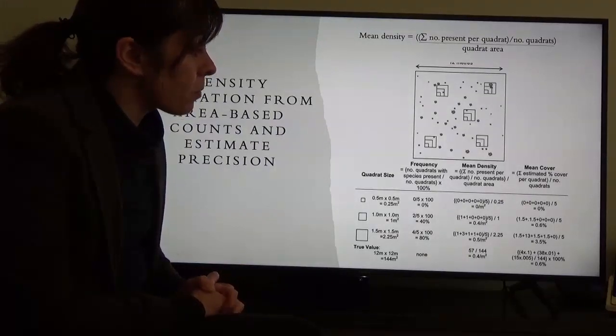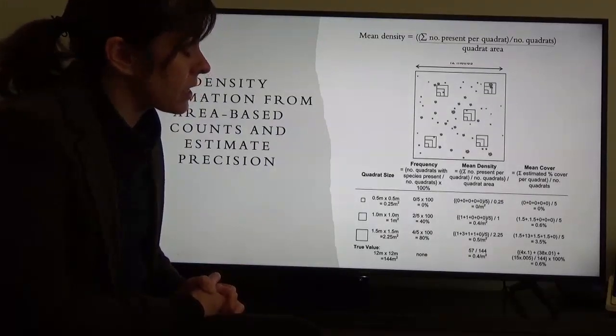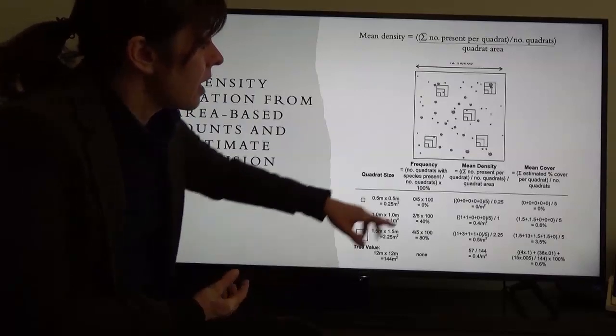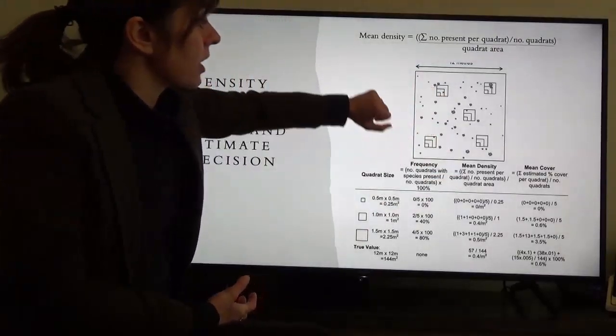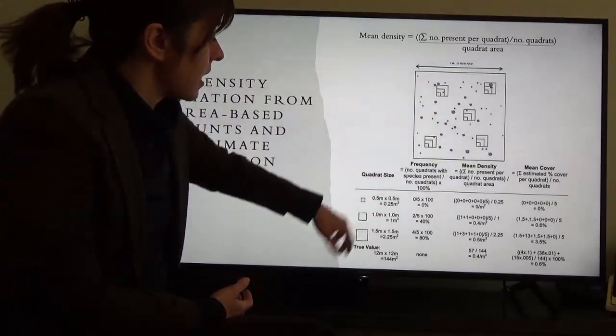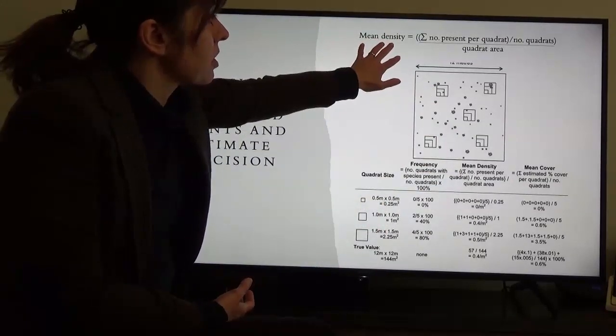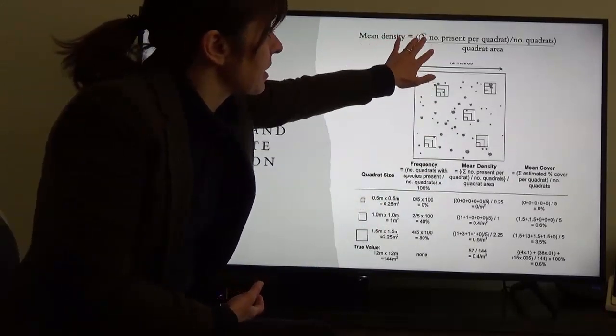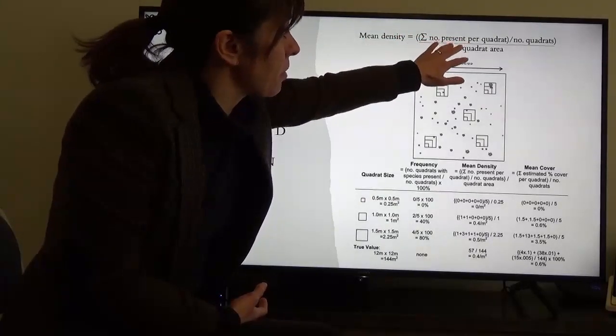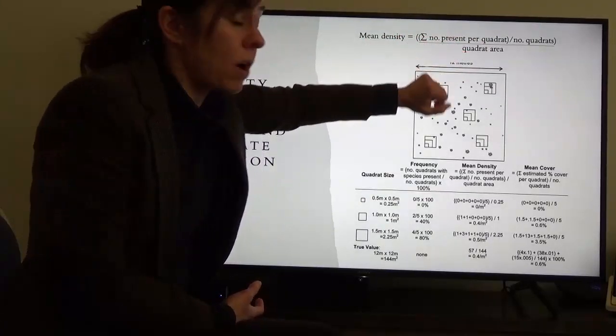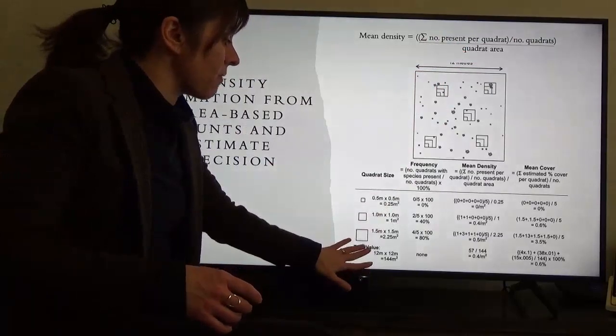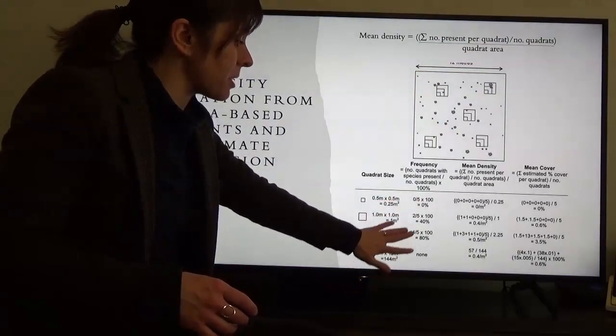Okay, but what I wanted to show you here was how then to calculate the mean density based on these counts. And so here's the equation. Your mean density is going to be the sum of the number present per quadrat divided by the number of quadrats. So in all cases, we have 5 quadrats. We have different estimates of the number.